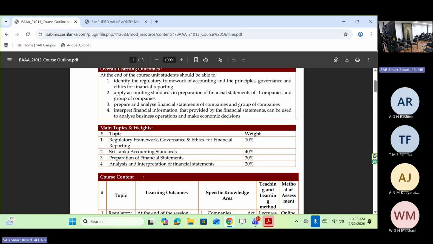What is that? Definition, examples with resources, sources, recognition and measurement, how we are going to recognize one, right? And research and development, website development, related disclosures.